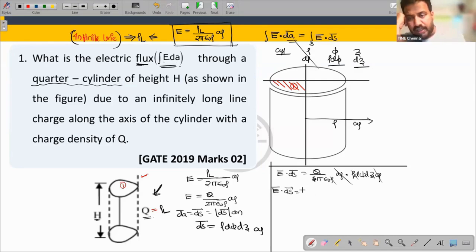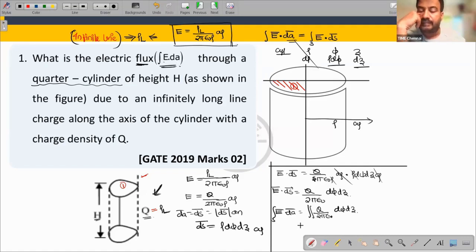From this, E dot dS or E dot dA is Q by 2 pi epsilon naught d phi dz. The surface integral of E dot dA is a double integral of Q by 2 pi epsilon naught d phi dz. Z will run from 0 to H, since H is the height of this cylinder.